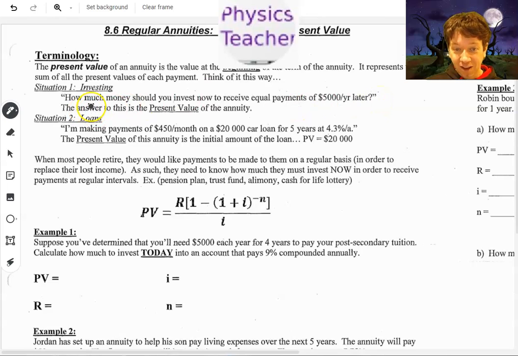Or in the case of loans, if I'm making payments of $450 per month on a $20,000 car loan for 4 years at some interest rate, the present value of that will be the initial amount of the loan.